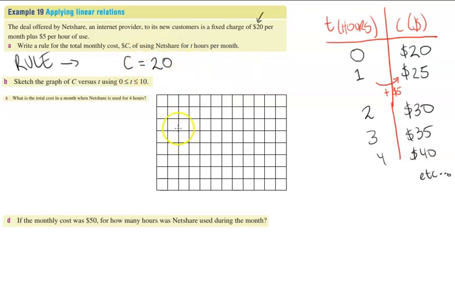Now cost is just not going to equal 20. It's also going to be equal to 5 times however many hours, which is represented by T, we use for the internet. So this is our input, this is the thing that varies, which we can see the whole list of here. And if I plug in any one of these numbers within this formula, it will then spit out what the cost is.